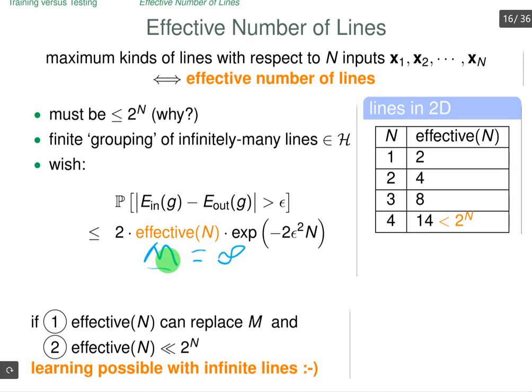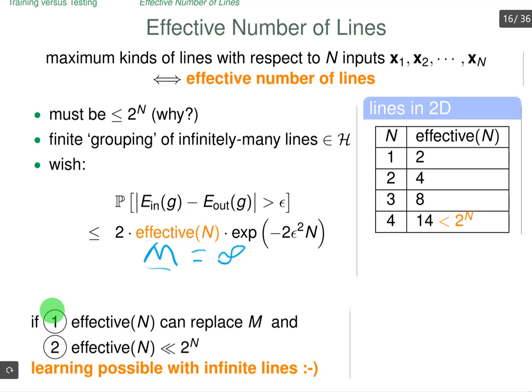We want to avoid the situation where M could be infinite or a very huge number, or also very small, because we want to answer those 2 questions of interest. So now, can we replace M with the effective number of hypotheses in the Hoeffding inequality that we have considered?